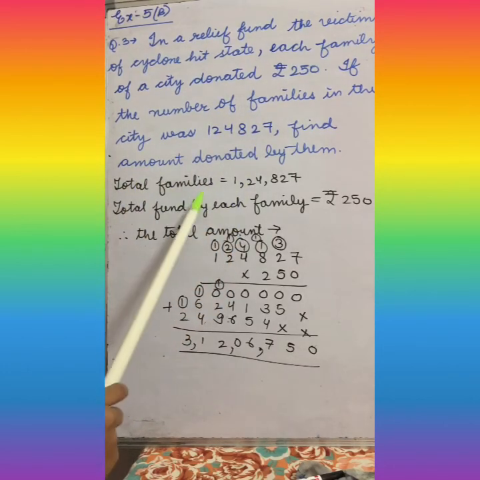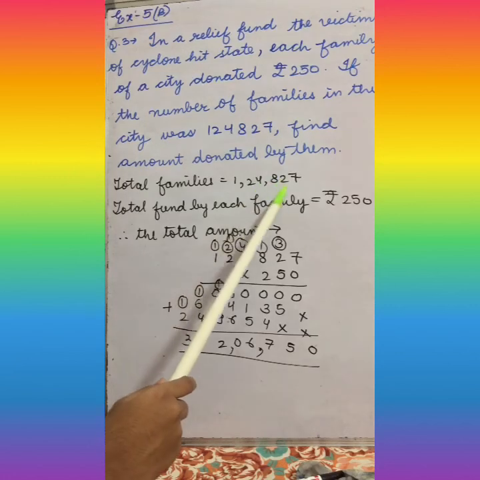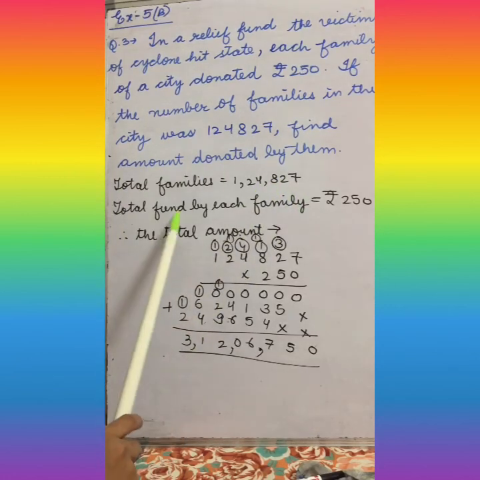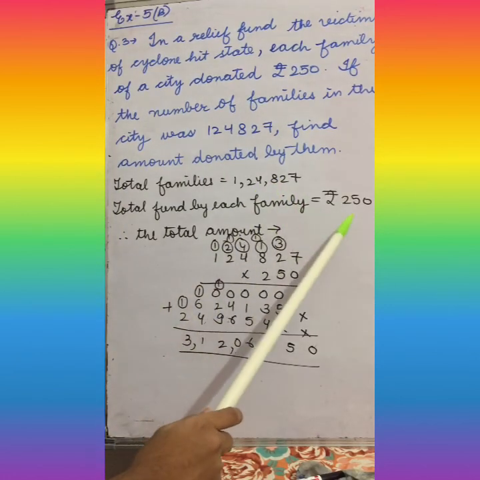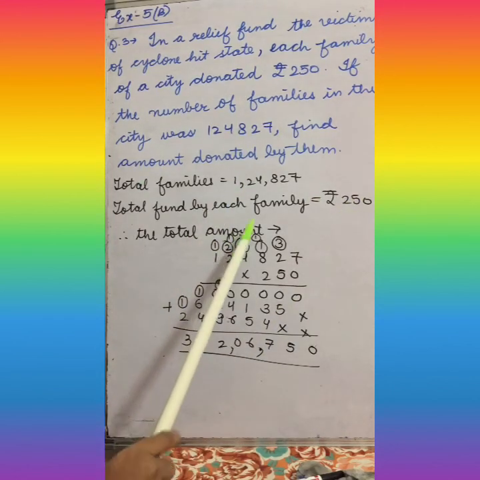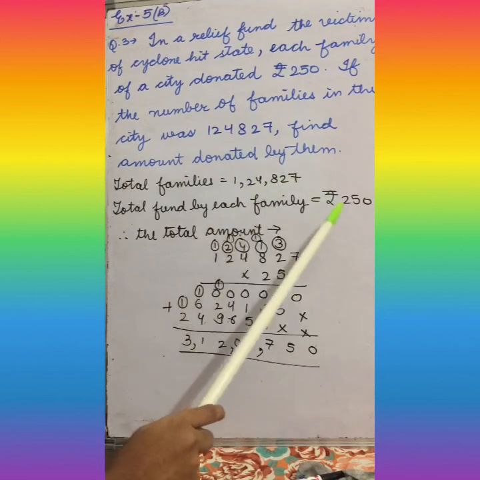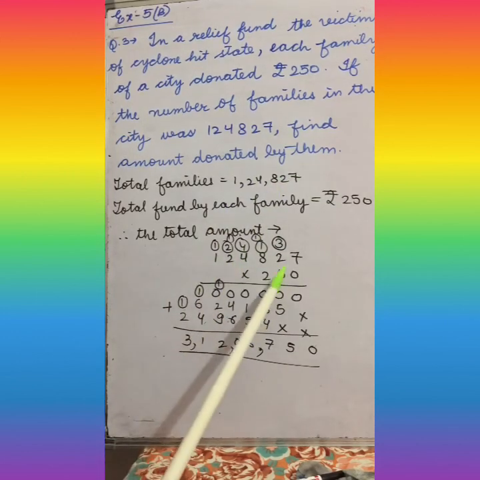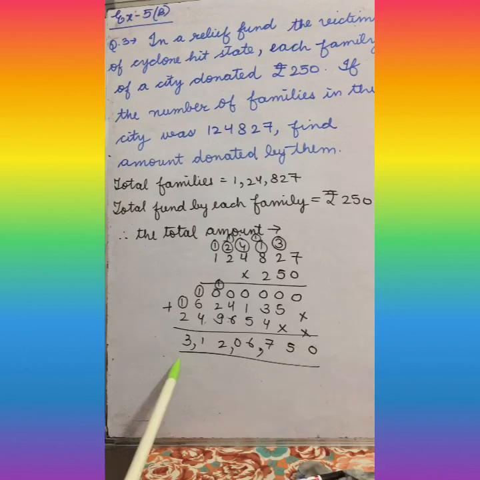So total families are 1,24,827 and the fund by each family is rupees 250. So the total amount by all the families would be, we need to multiply this with this number. When we multiply both the numbers, we get our answer as 3,12,06,750.